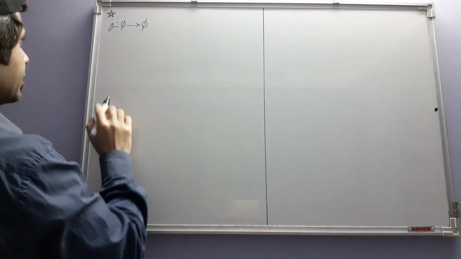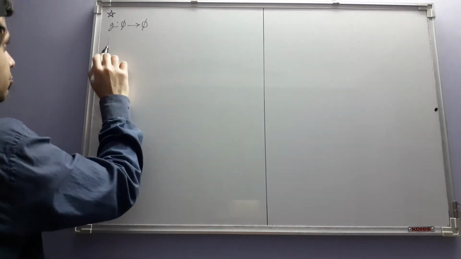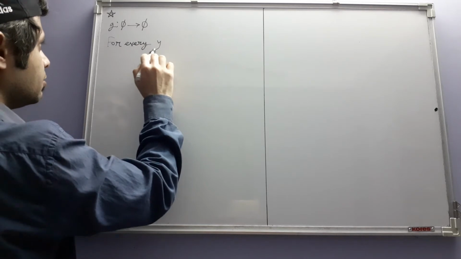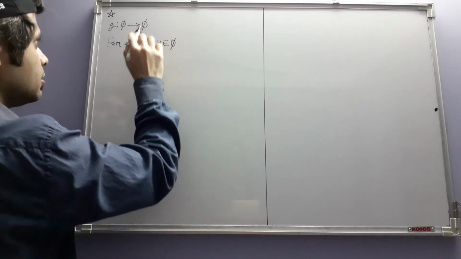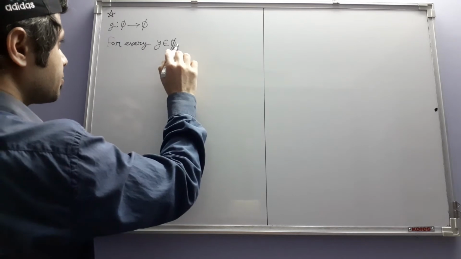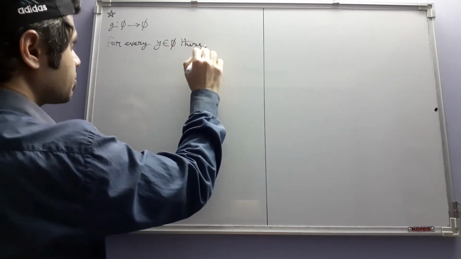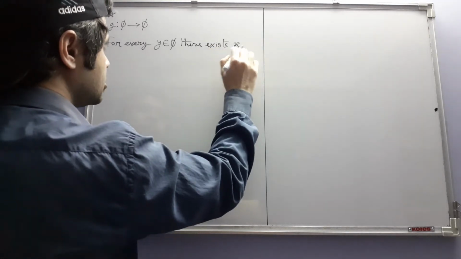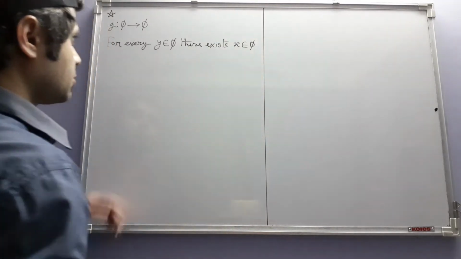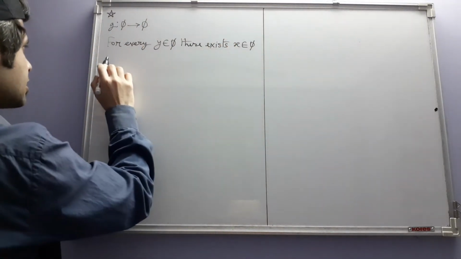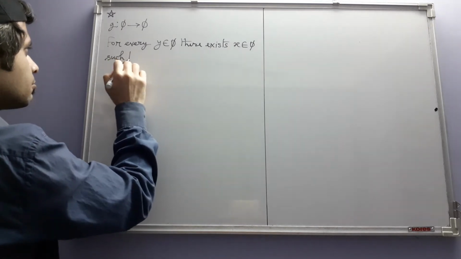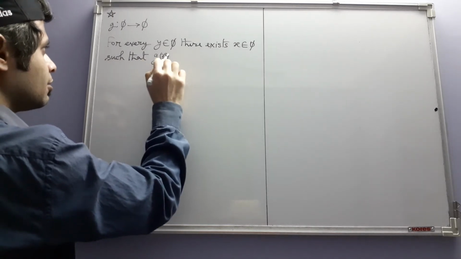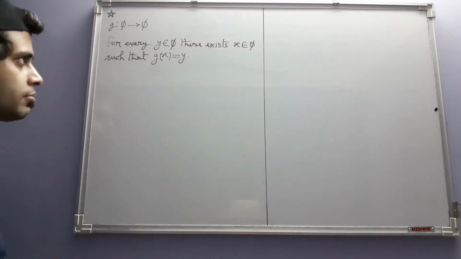So we made a statement like this: for every y in the range there exists an element x in the domain such that g of x is equal to y.